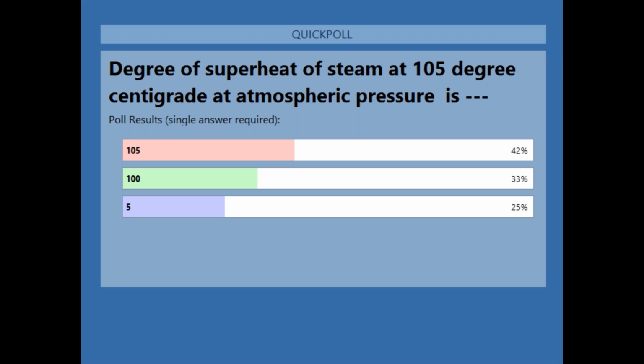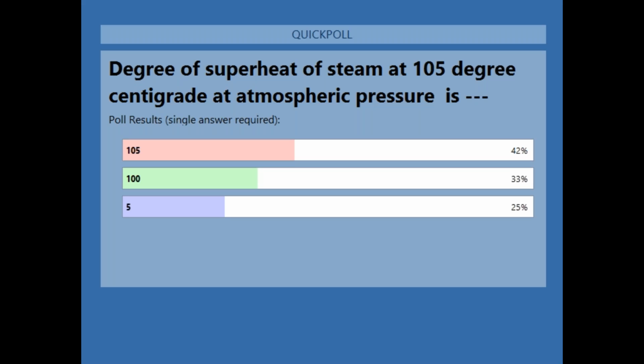That is not correct; the steam is at 105 degrees centigrade. Others, 33%, feel that the boiling point is the degree of superheat. That is also not correct. 100 degrees centigrade is the boiling point at atmospheric pressure, so saying the degree of superheat is 100 degrees centigrade is incorrect.